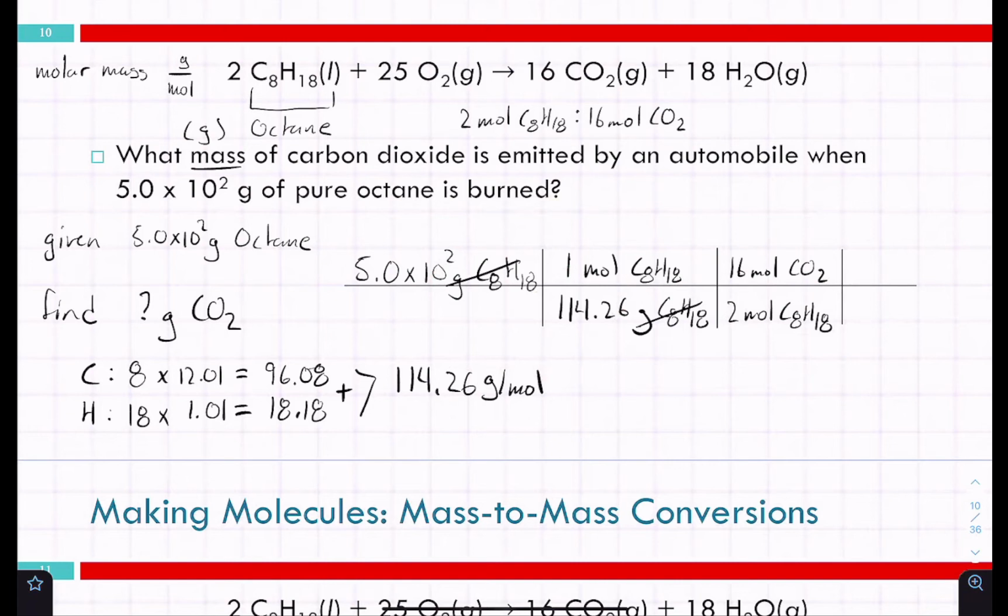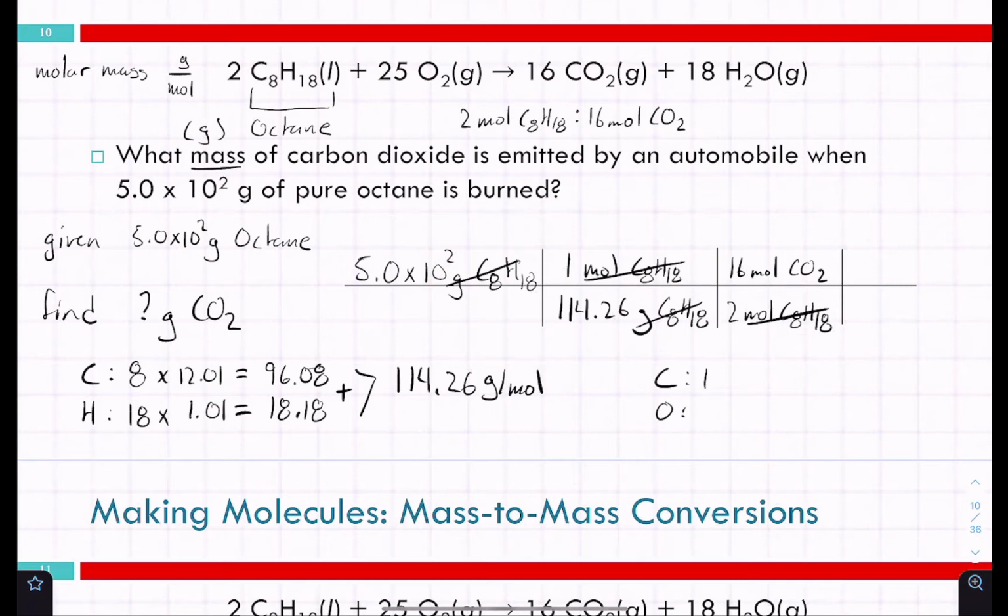All right, so now we've gone from moles of A to moles of B, because again, these units now cancel out. So we have to go from moles of B to grams of B to finish this question. And this is going to be in some ways the reverse of what we did in the first step. So what do we need to calculate? The molar mass of carbon dioxide, yeah. So we've got carbon, oxygen.